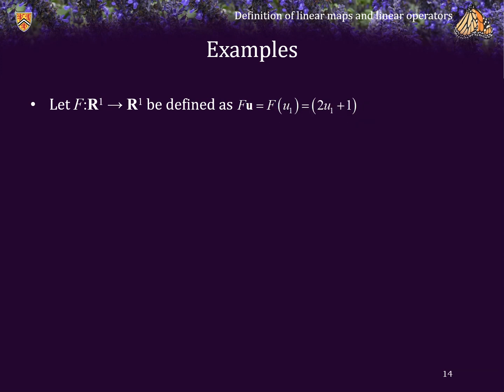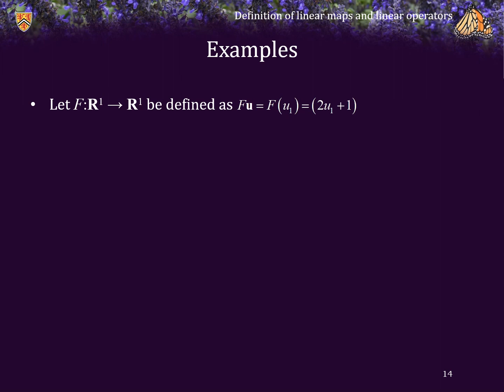Now, here's a cute one. Is a linear polynomial linear? More specifically, let F be the mapping from R1 onto R1, where F takes a one-dimensional vector u that has one entry u1, and that is mapped onto the one-dimensional vector with the entry 2u plus 1.